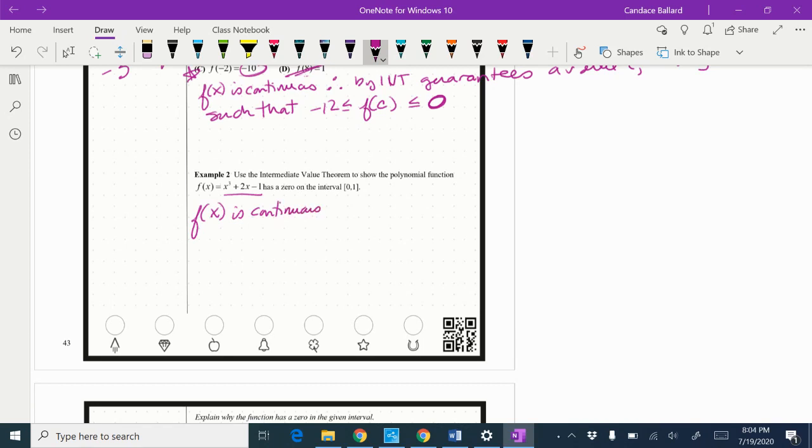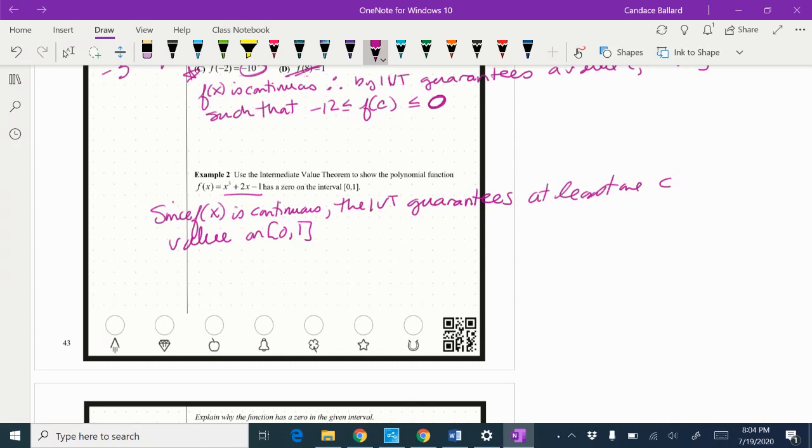And you can even say, since f of x is continuous, the IVT guarantees. We're going to kind of have a sentence frame that we're going to get really good at. Guarantees at least one c-value on the interval from 0 to 1.